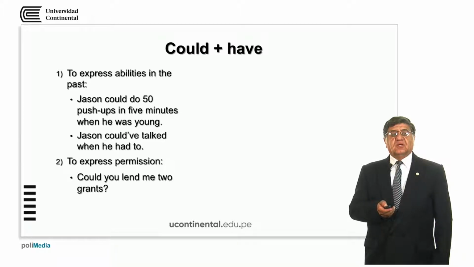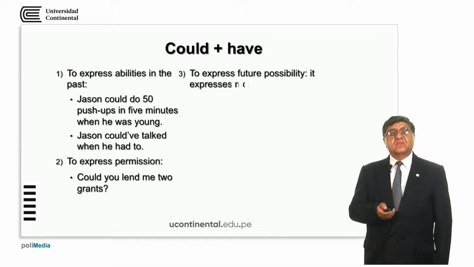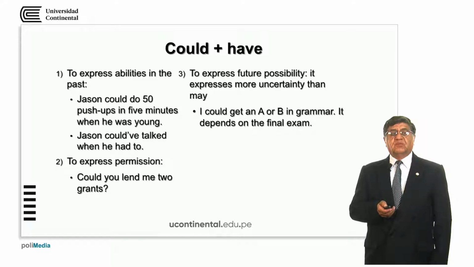Permission, a real sentence, will say, could you lend me 2 grants? Okay, this means 2,000. But could if you lend me 2 grants will mean something that didn't happen in the past.